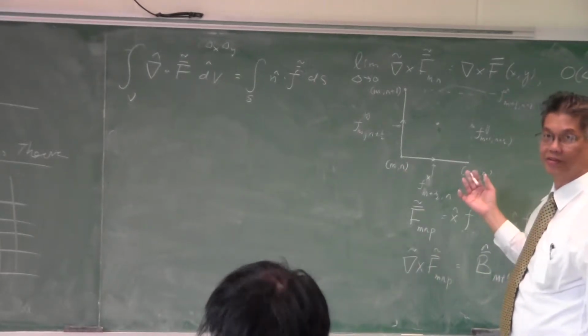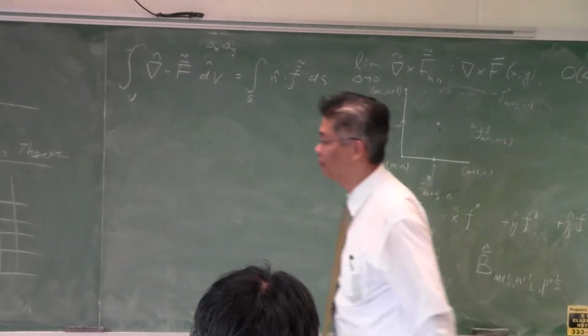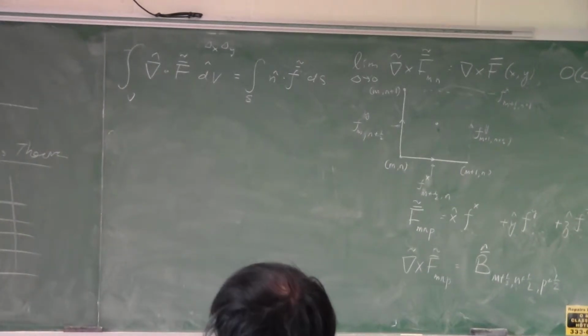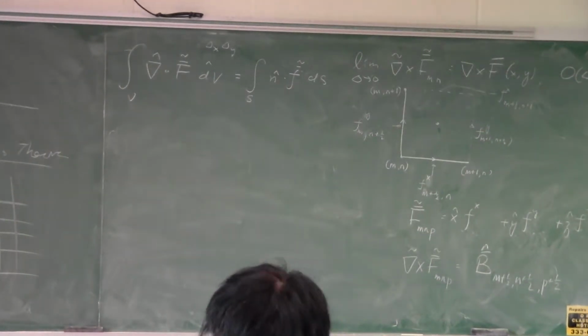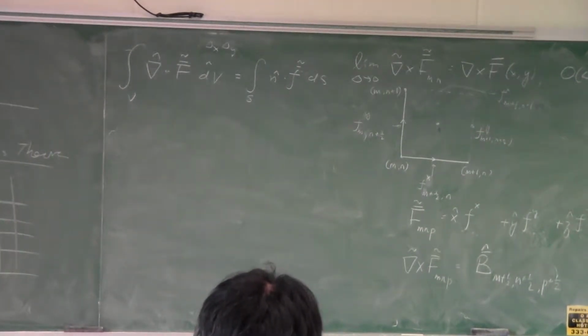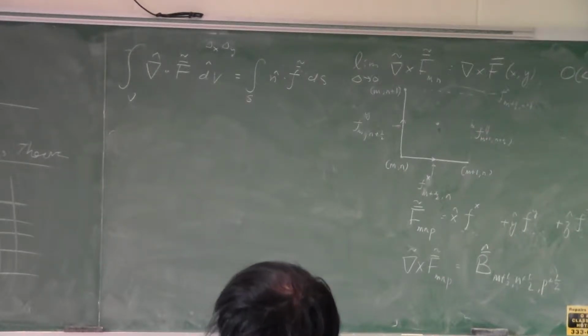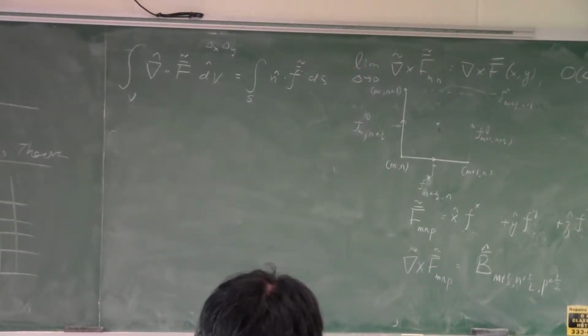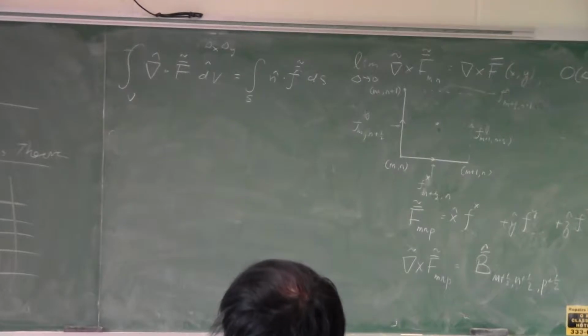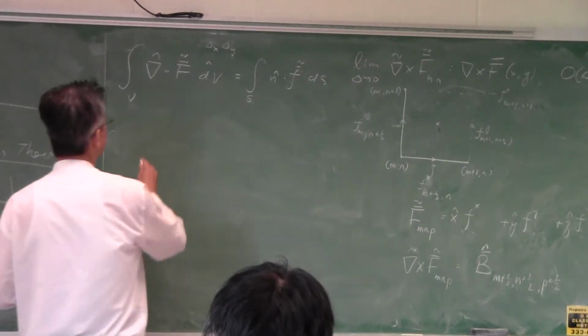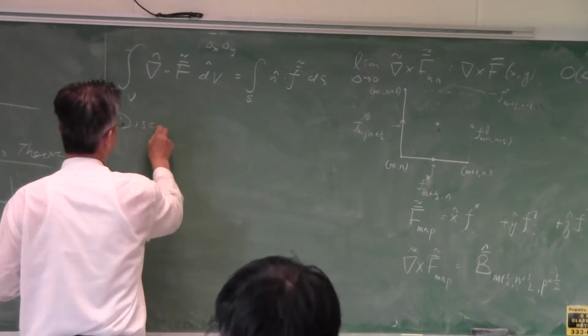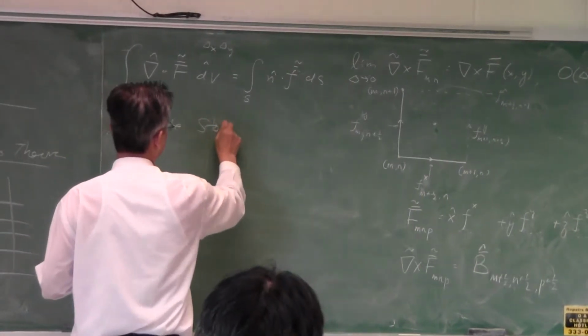In 2D, it's quite easy to see. And it also happens in 3D. If you were to integrate over a contorted surface on this discrete world, all the interior circulations will cancel each other, leaving only circulations on the boundary of that composite surface. So you can see quite easily that there is also a discrete Stokes theorem.